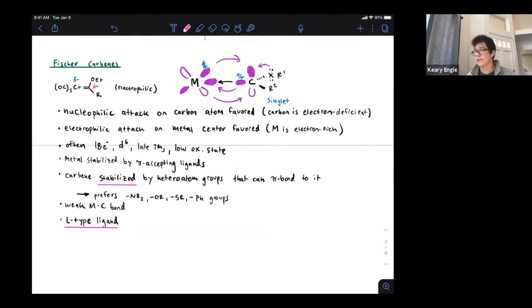So Fischer carbenes, as we said, so this is the first Fischer carbene, a chromium pentacarbonyl complex. We'll talk about how it's made. The bonding situation is such that the carbene is coordinating as a singlet, with this sp2 hybridized lone pair serving as a donor, and a filled orbital on the metal engaging in pi back bonding.